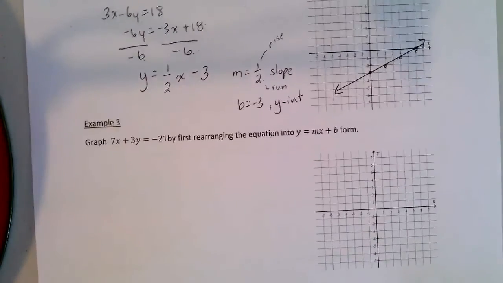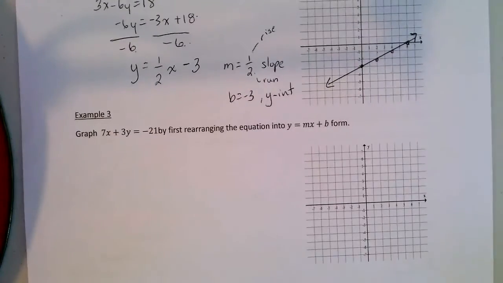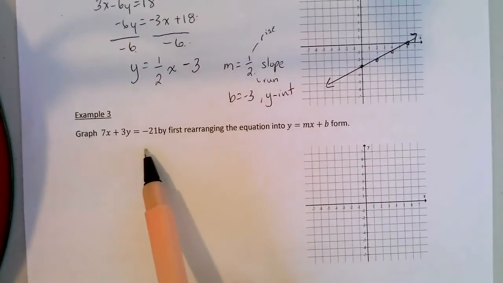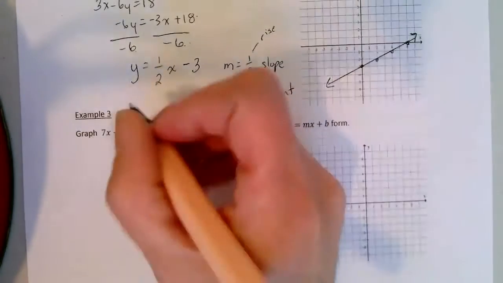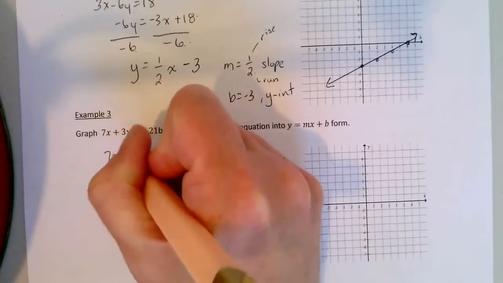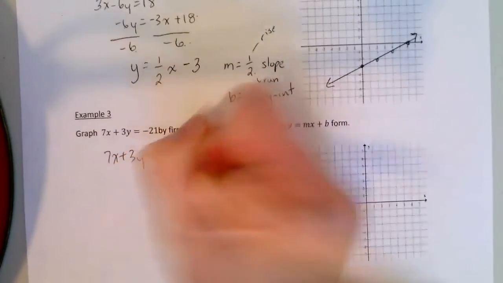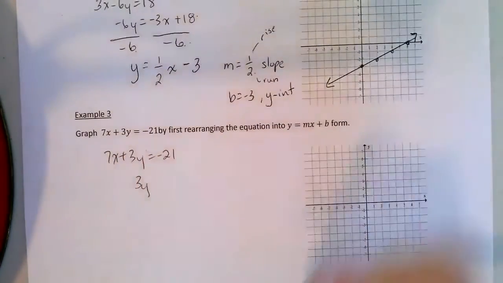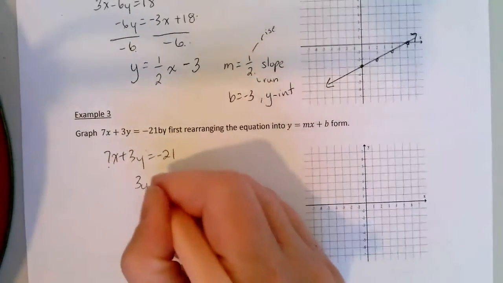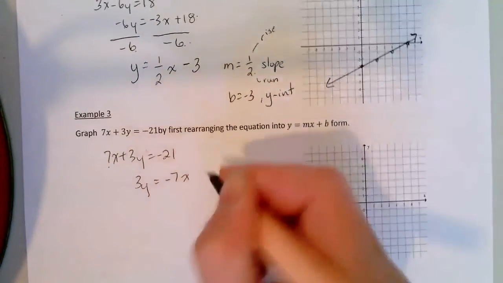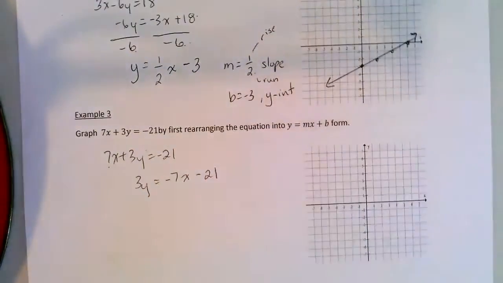Okay. Example number 3. Again, we have an equation that is not in y equals mx plus b form. To graph this, we are going to rearrange it into y equals mx plus b. So the positive 7x transposes to the opposite side, and it becomes negative.